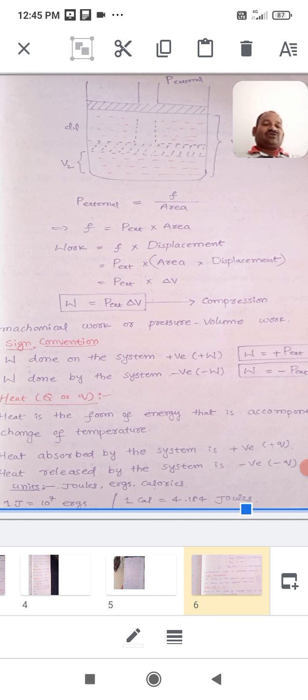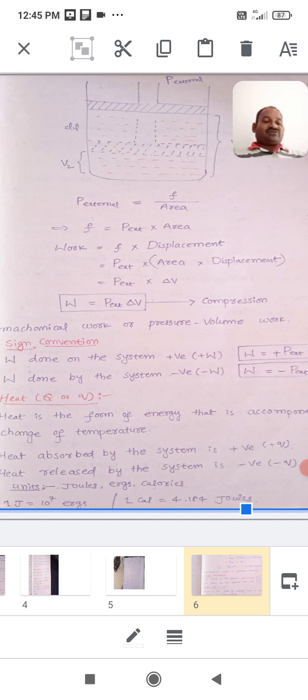P external is equal to F by area. F is equal to P external into area. Work is equal to F into displacement, P external into area into displacement, P external into delta V. W is equal to P external delta V. That is compression.